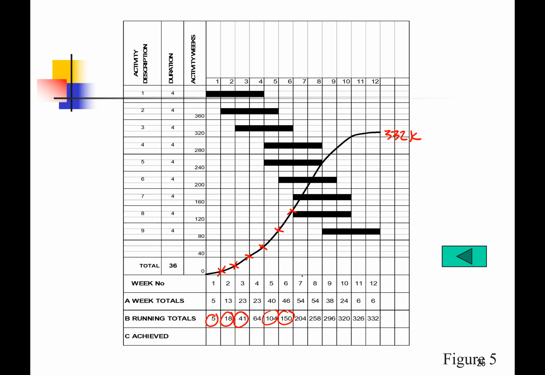How do you convert? Again, you take this value, 5, divided by 332 times 100%. So you will get it in terms of percentage, and that percentage you will put into this axis.